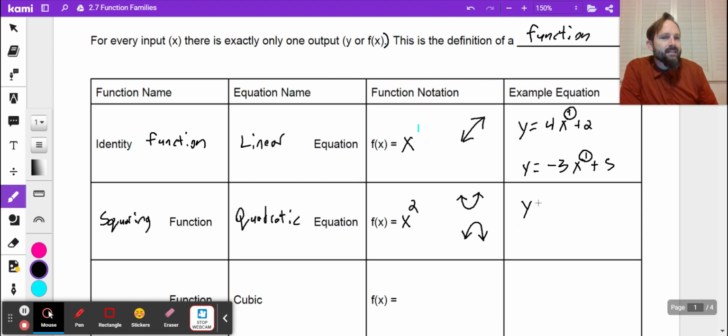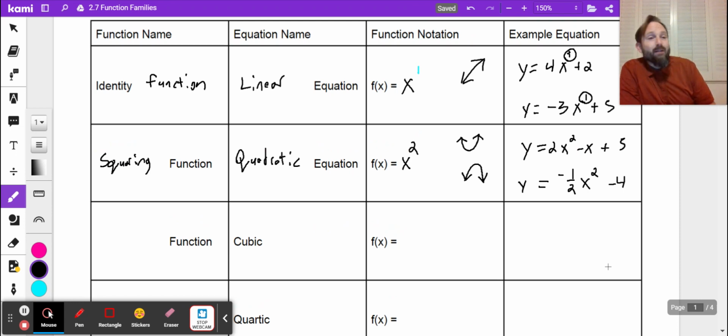As long as it has the highest degree of being x squared, you're good. But it could look like this. It could have the x and it could have a constant, like a 5 or minus 4. Now this leading coefficient right here, we'll care about that. We'll care if it's negative or positive.